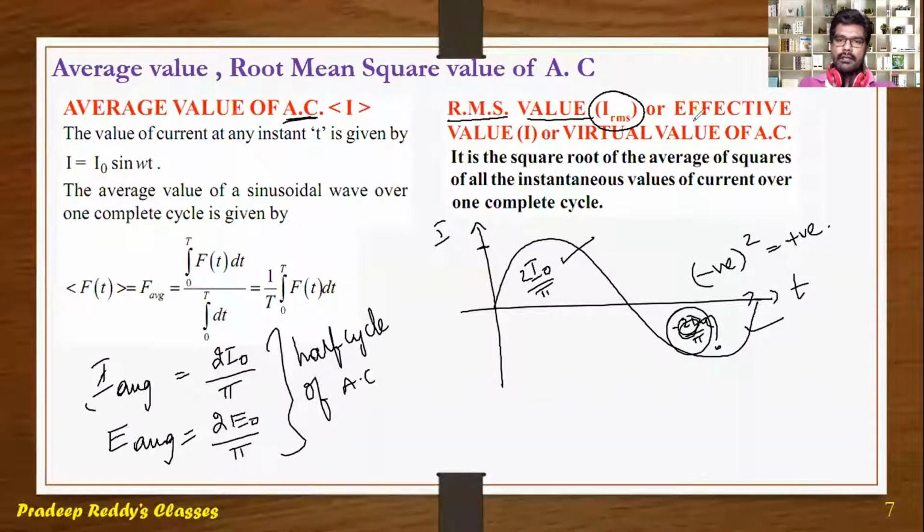Root mean square value is also called effective value or virtual value of AC.